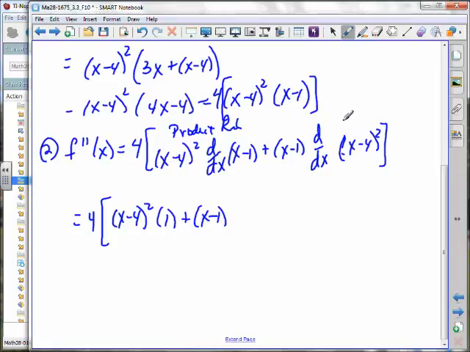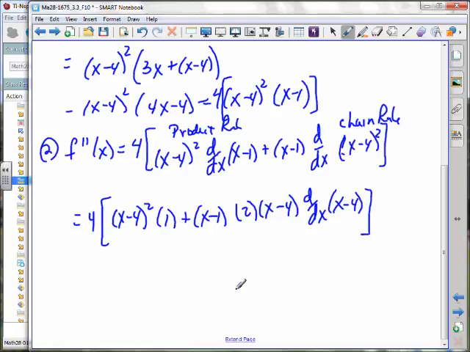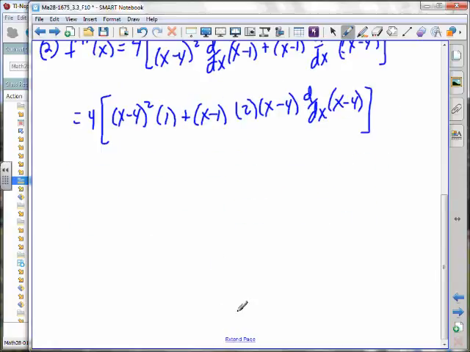And now I've got the chain rule I'm going to have to use over here. So let's see, that's going to be 2 times x minus 4 times the derivative with respect to x of x minus 4. When I graded your quizzes, I noticed that a lot of you have a lot of good stuff going on, but because you don't put in enough brackets and you don't follow through with the negatives and you don't tell yourself what derivatives you're taking, you're dropping those, and you're dropping points along the way too.